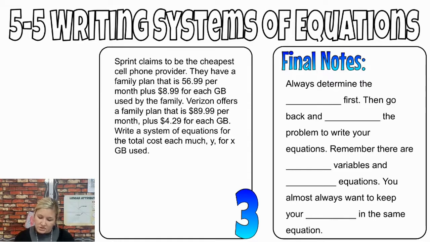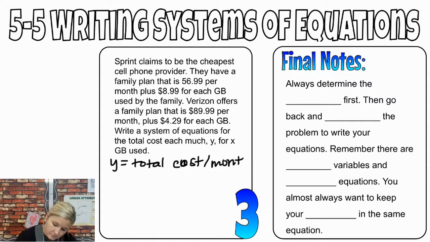Write a system of equations for the total cost each month, Y, for X amount of gigabytes used. So it tells you Y is the total cost per month, and X is the number of GB used.